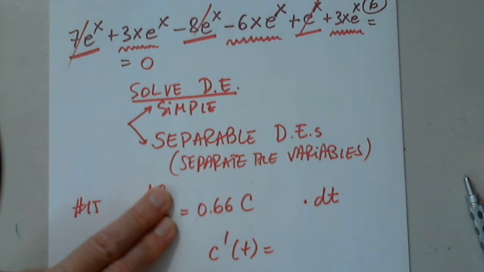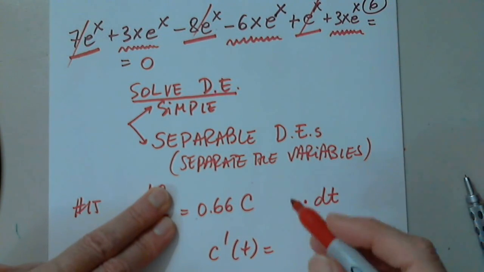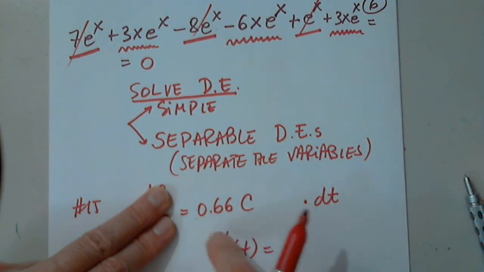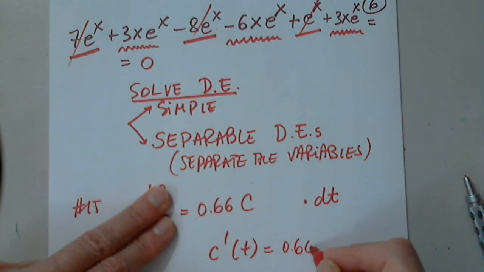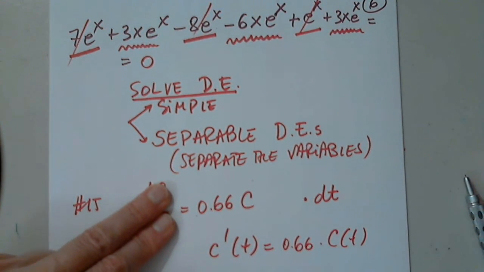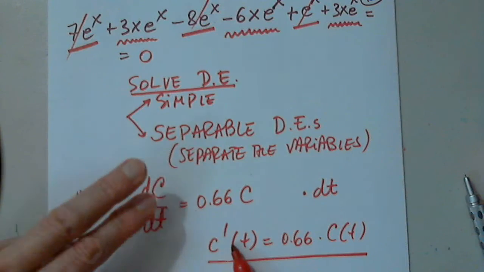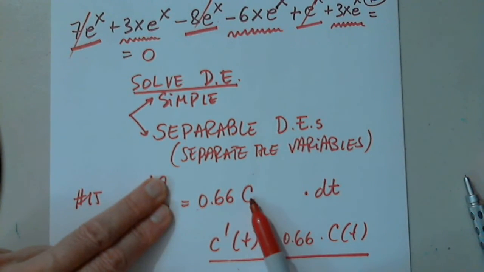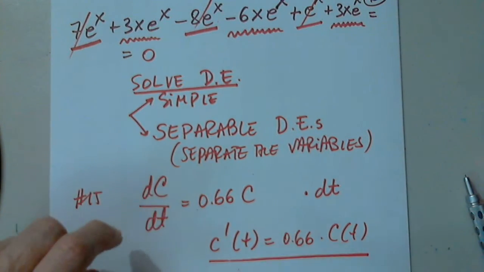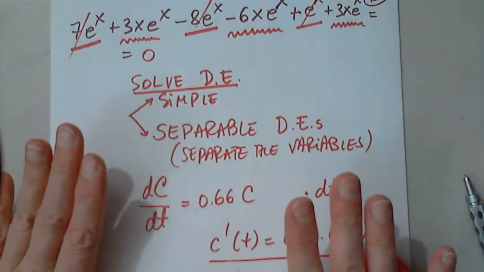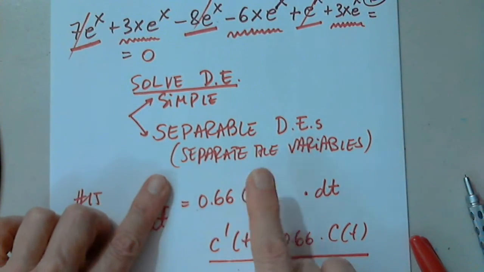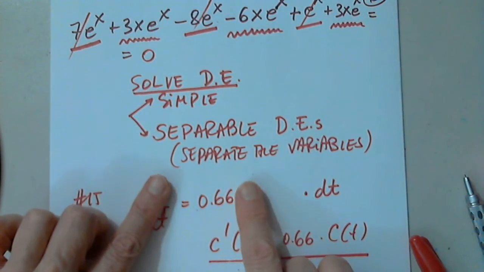As I said, this is basically c of t, right? So this left-hand side is c prime of t, the right-hand side is c of t. So that's why I have the derivative of a function here, and I have the function here. So it's easier to understand that the two c's have to be on the same side.